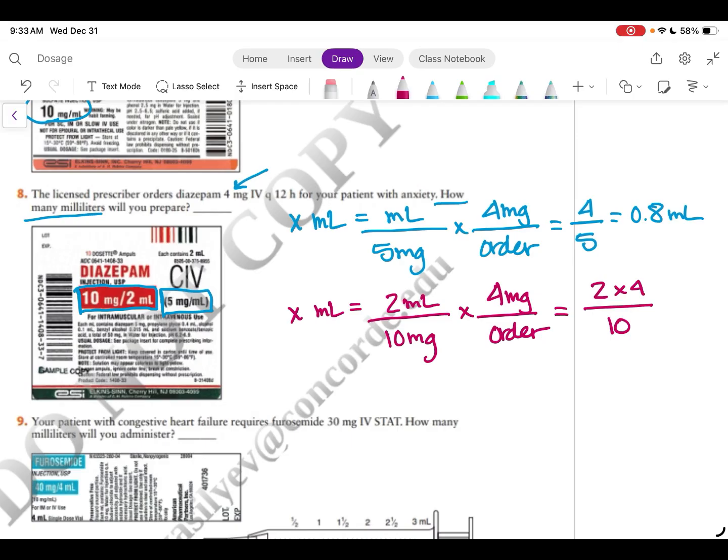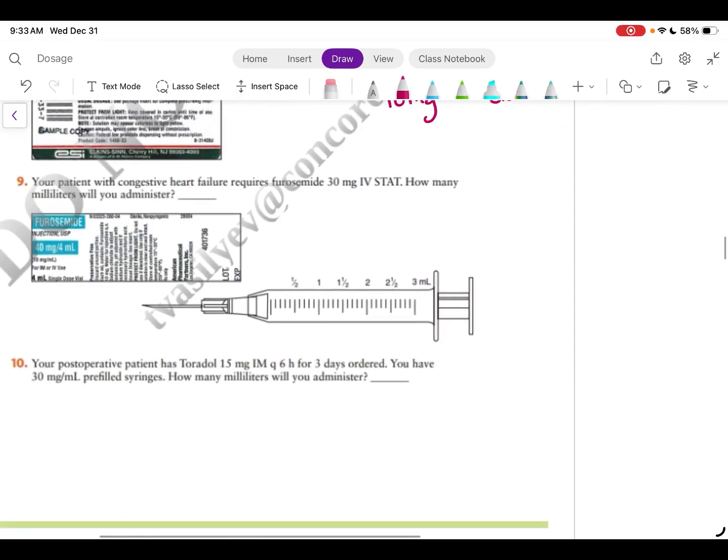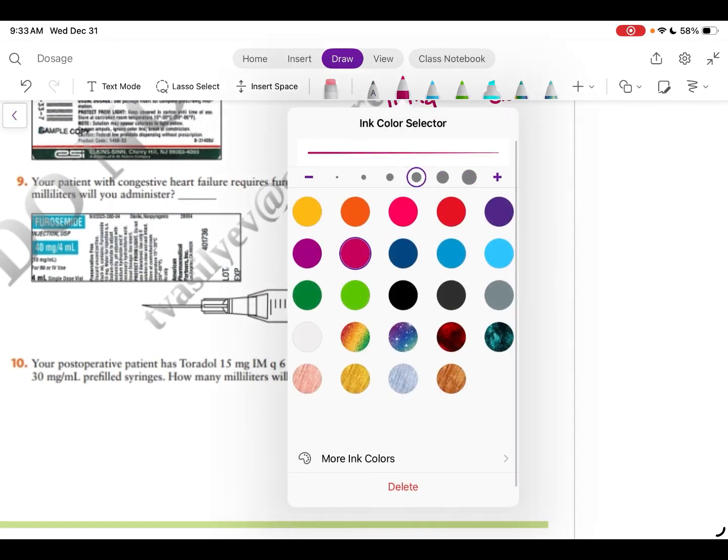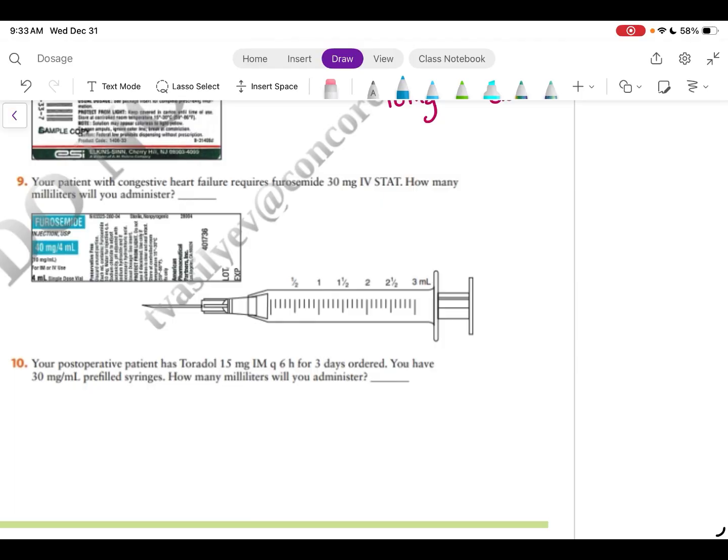So 2 times 4 is 8, divided by 10, you get 0.8 again. Okay? We'll keep going. I will switch back to my other color.